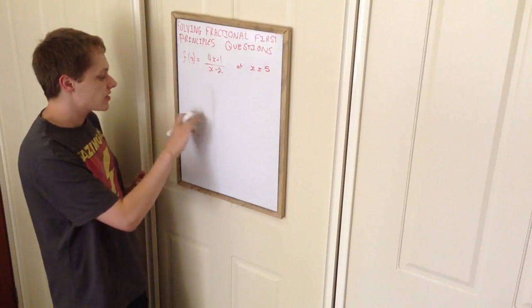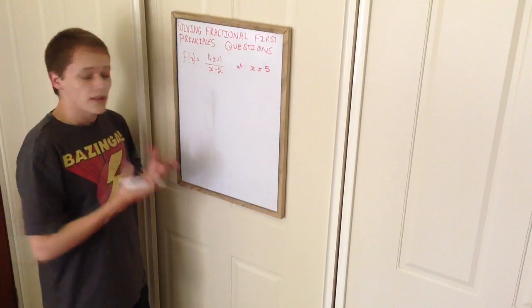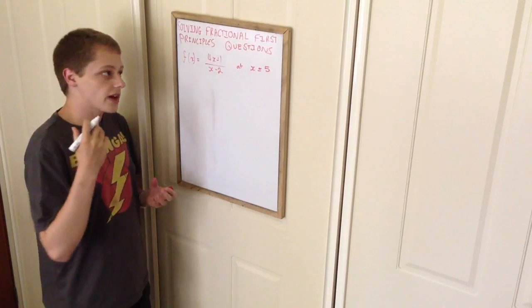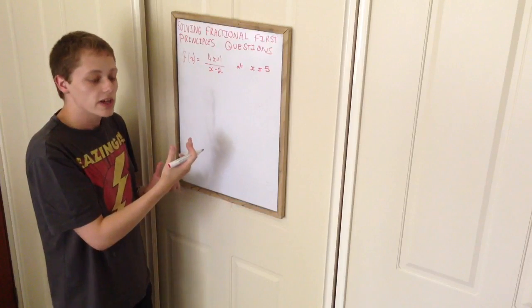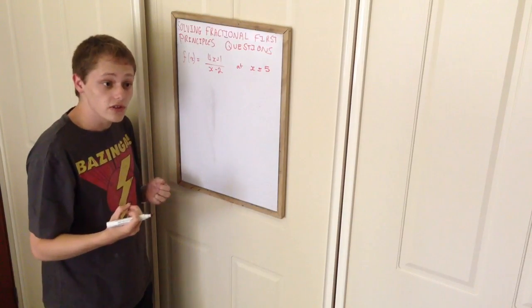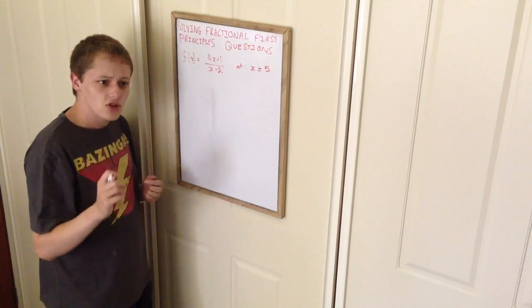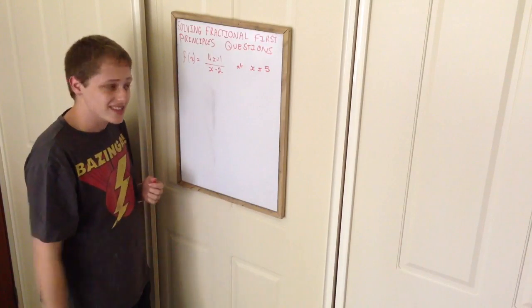So first off, because there is a lot of complex algebra involved with actually using a fraction in first principles, we're going to need to do a check using the quotient rule to make sure that we get the correct answer.